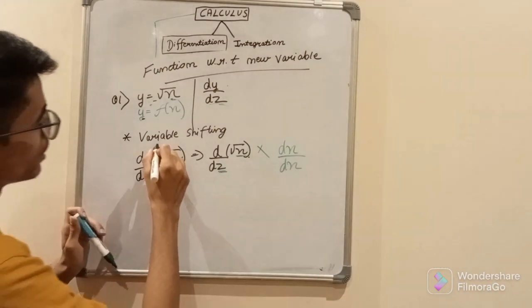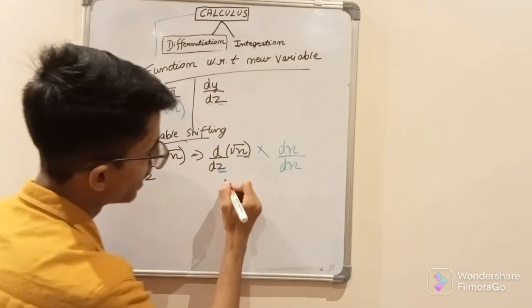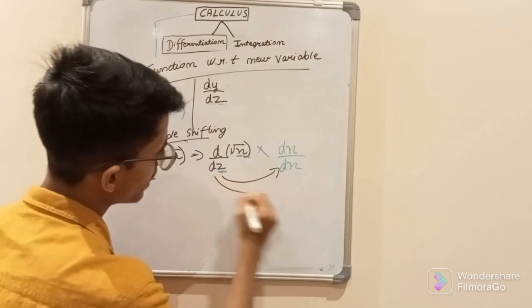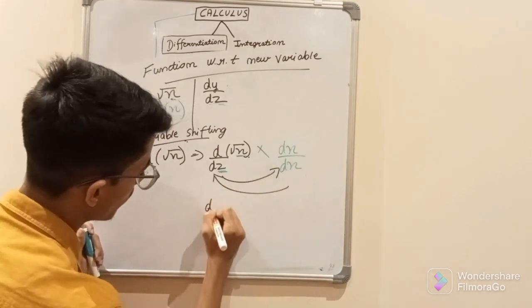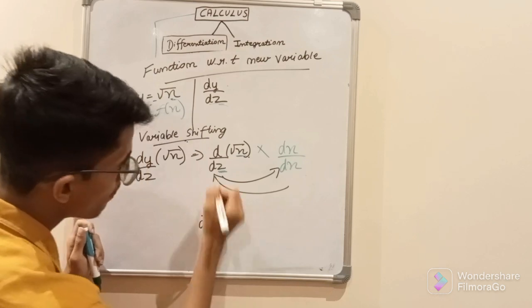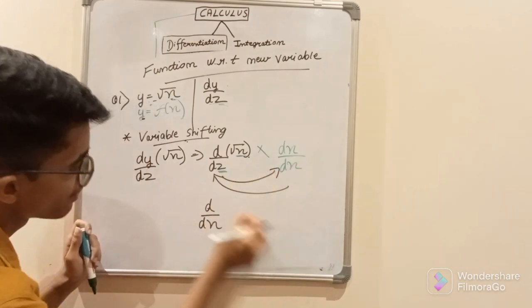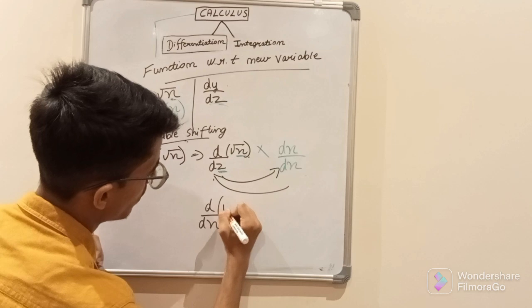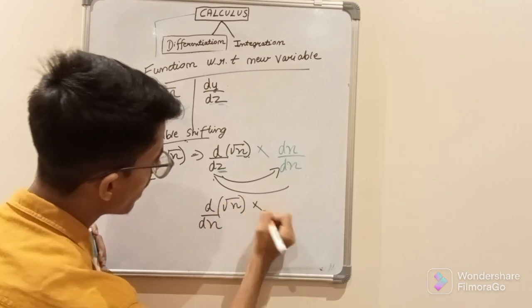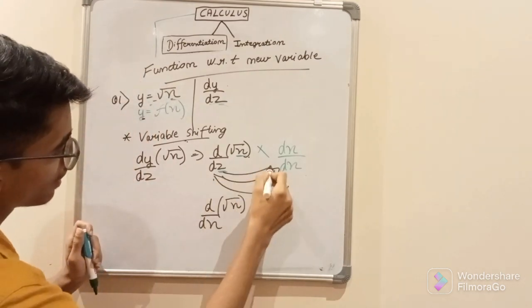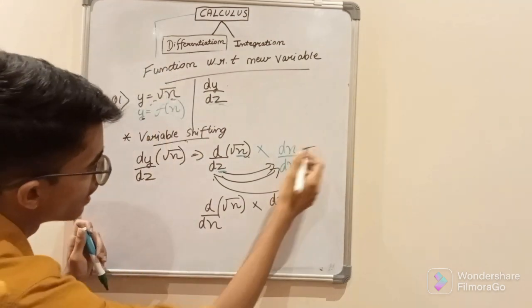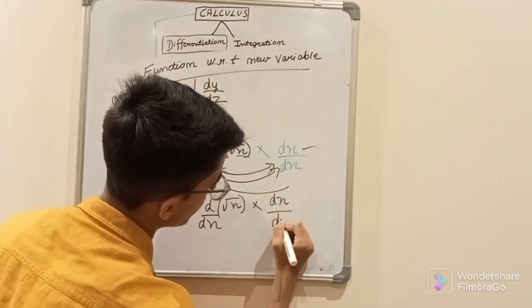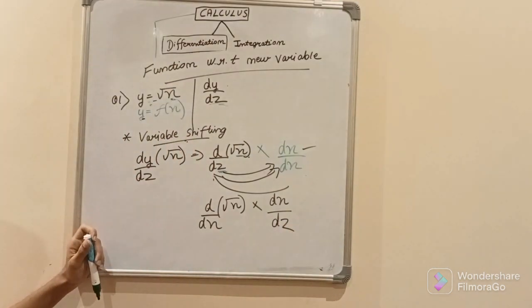So now comes into play this variable shifting, that is we shift the denominators of both the parts. So now we have d upon dx which is shifted over here. We have root x to be differentiated, and this dz will go over here. So we have dx as it is, dx upon dz.